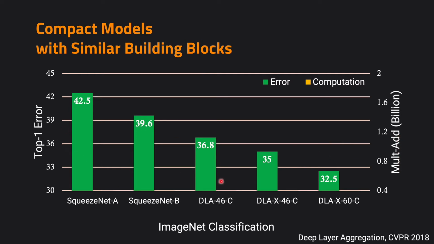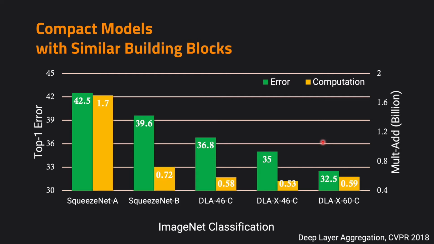And those models are all around 5 megabytes if we want to store them in memory or on storage. And we can also achieve a good computation trade-off while we are getting lower errors.